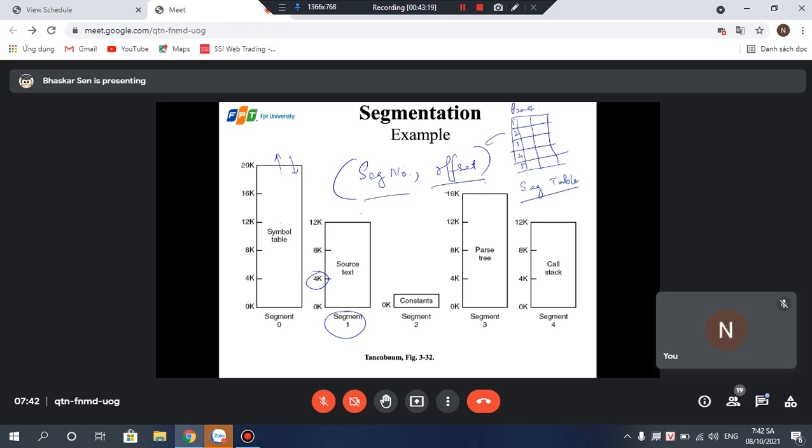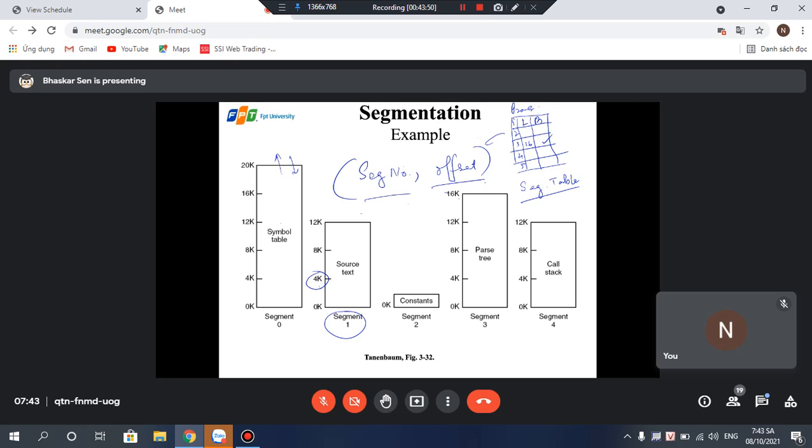For example, segment 3's limit is 16K. And the base value, where on RAM or physical memory it is located during runtime. So we have a segment table.